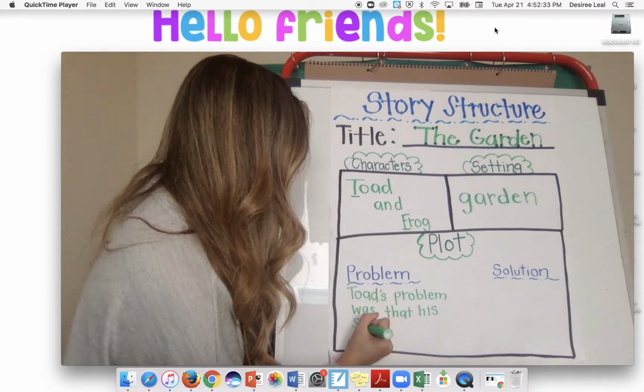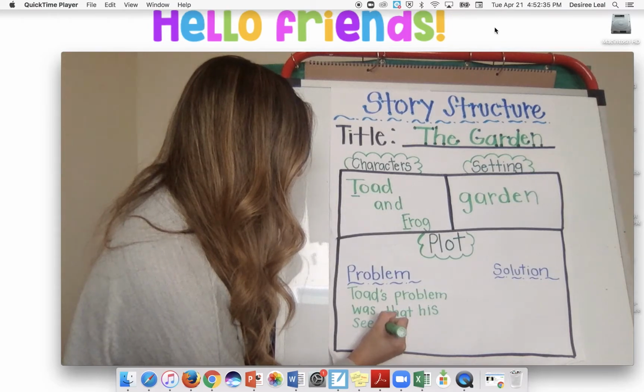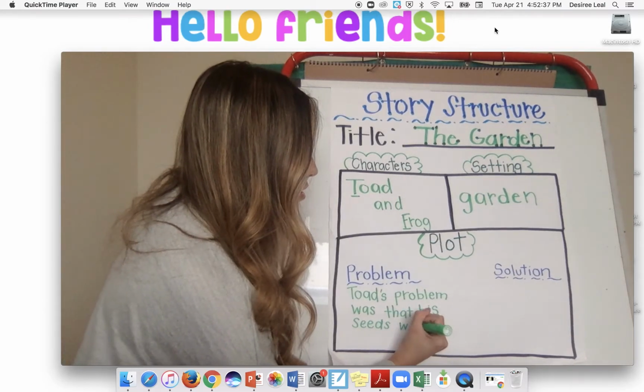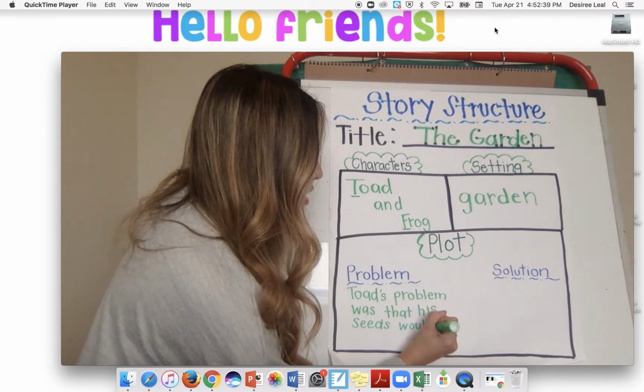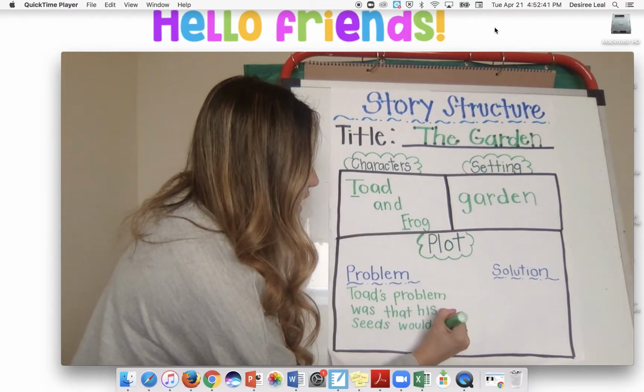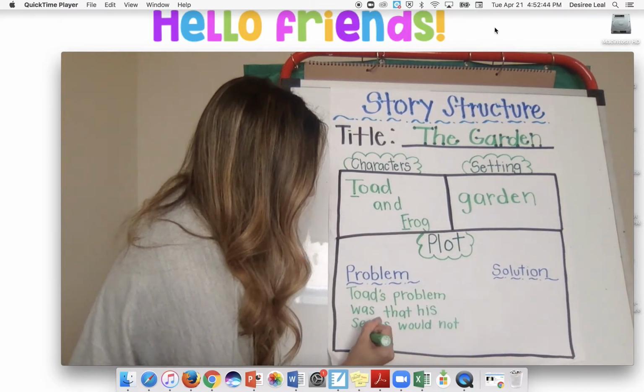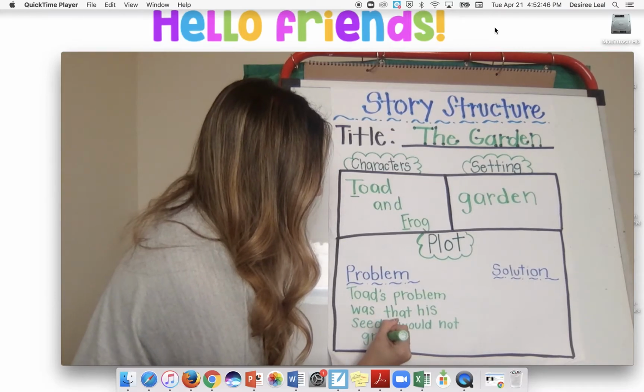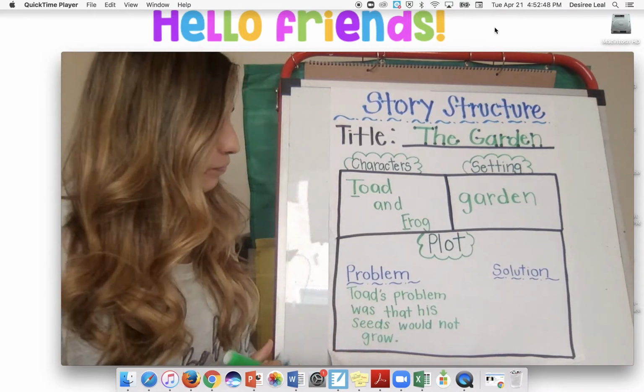E-double-E always says E. Seeds would, and so see that? Not grow, right? They would not grow.